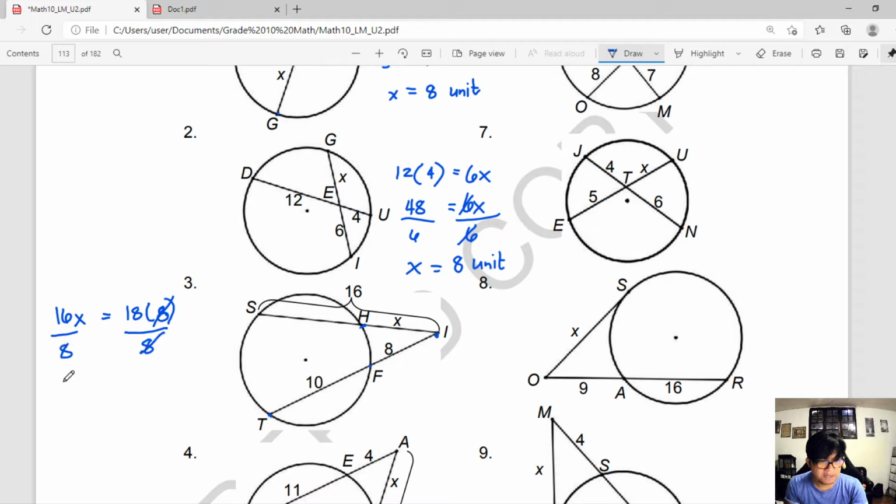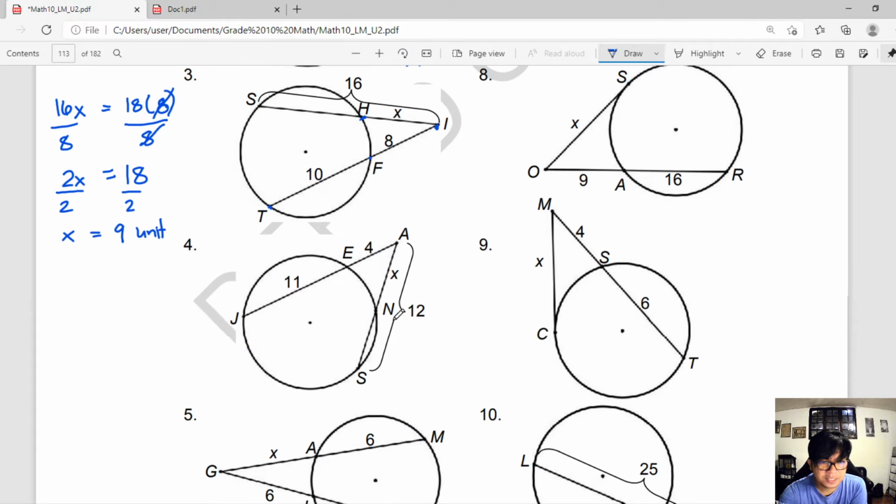And 16 divided by 8 is 2, so 2x is equal to 18. Then divide both sides by 2. So x is equal to 18 divided by 2, that's 9. So the measure of x here is 9 units.